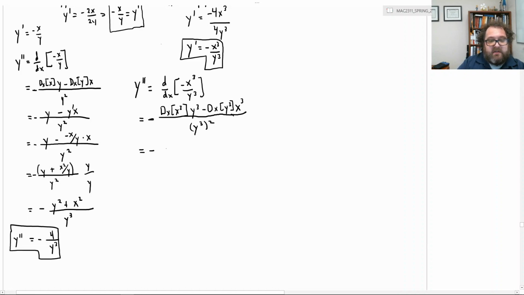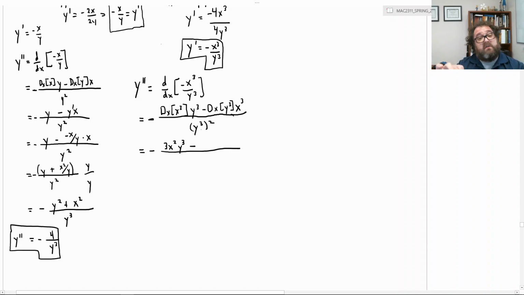Let's see what happens next. We need to take these individual derivatives. Of course, the derivative of x cubed with respect to x is 3x squared times y cubed, that was already there, minus the derivative of y cubed. So we're using the chain rule here because there's a variable mismatch.